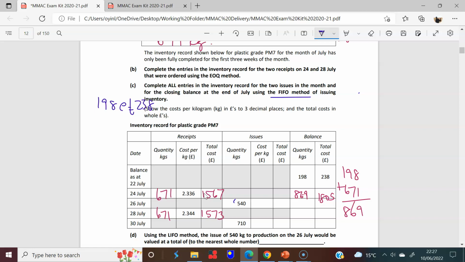So the balance of this 540 minus 198 is 342, and the other 342 will be at 2.336. So what am I saying? This 540 is coming out of this 869. It wants a first in, first out approach. This was there before these kilograms, and these kilograms were there before these kilograms.